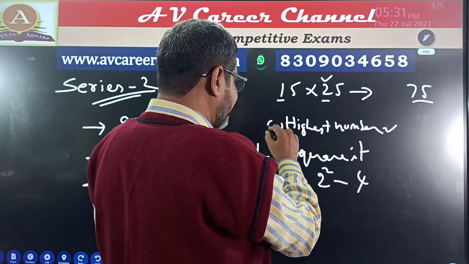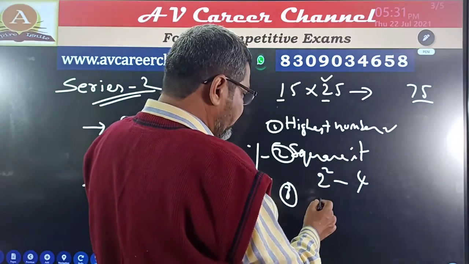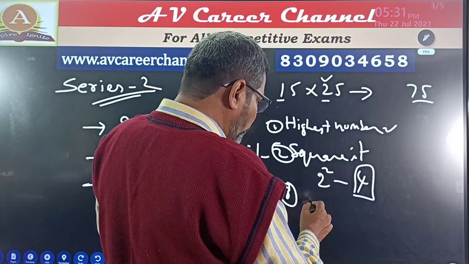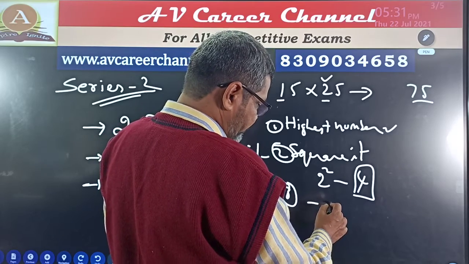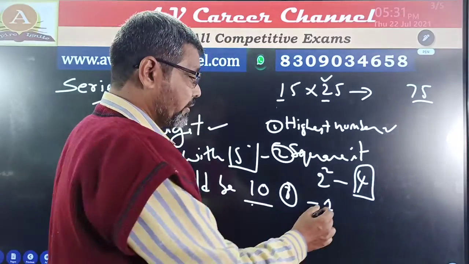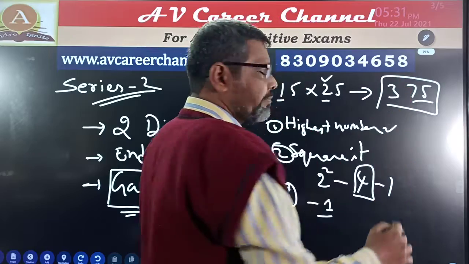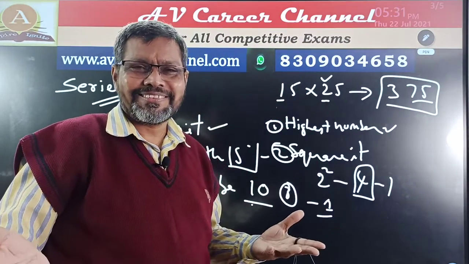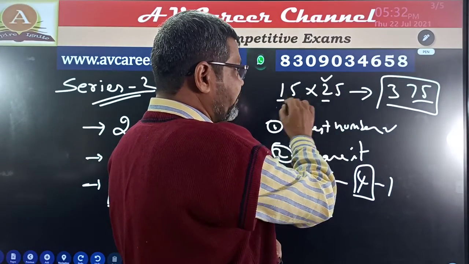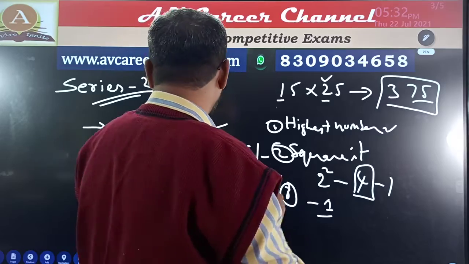So this is the first step, and the next step is that this total, 4, minus 1. 4 minus 1 is 3. That's it. So highest number 2, square minus 1, is 3. Within a fraction of a second it is going to be over, my dears.